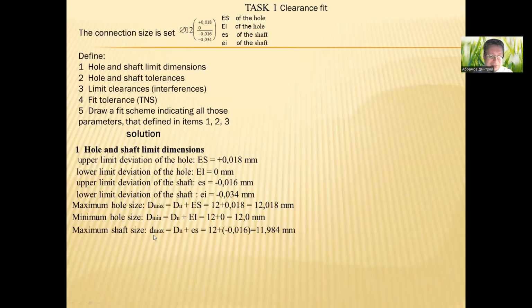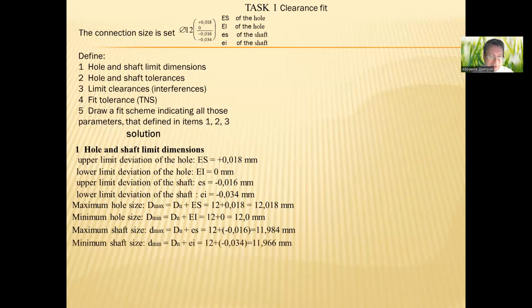Maximum shaft size. So small d maximum is equal nominal diameter plus upper limit deviation of the shaft, small es. Small es is equal minus 0.016. So we have 12 plus minus 0.016, and we have 11.984 millimeters.